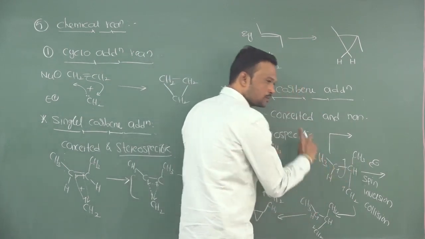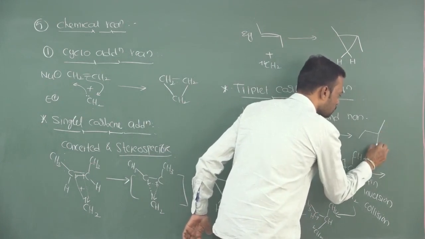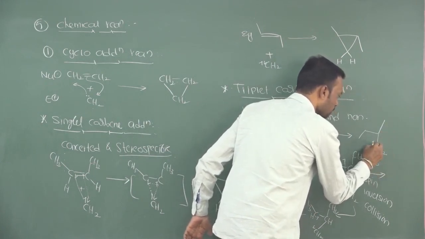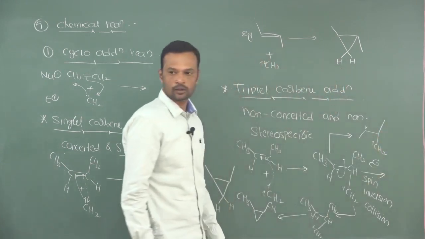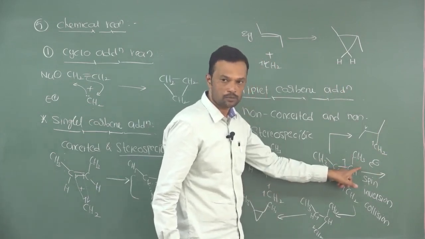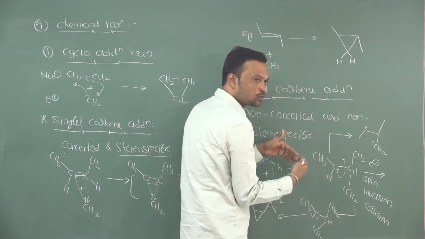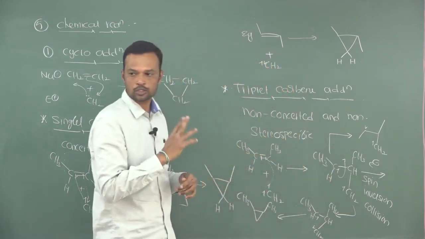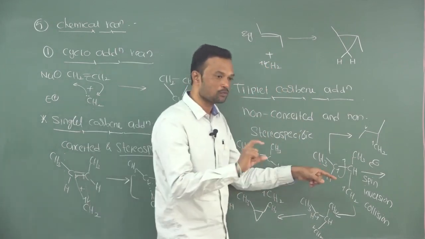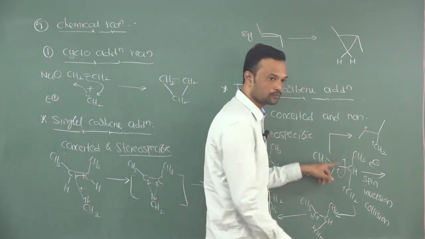Then can I write these two electrons with opposite spin? Clockwise, anti-clockwise. Now what is the orientation here, same side or opposite side? Same side. Now two electrons having the same spin, if they come close together, two possible reactions are expected.